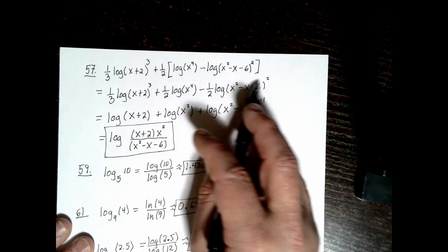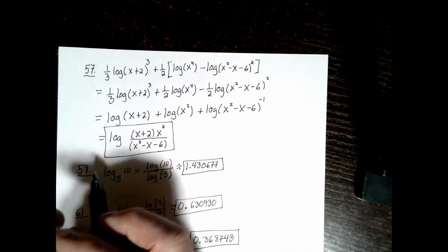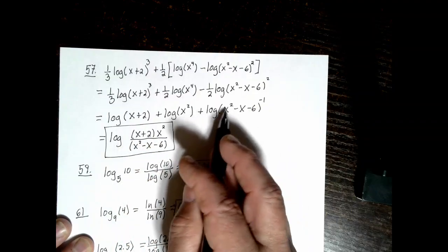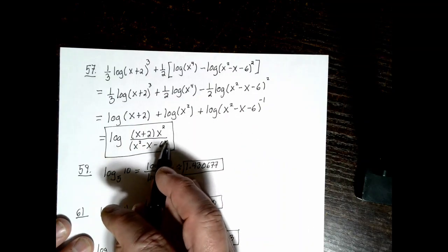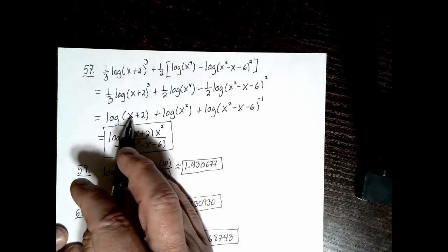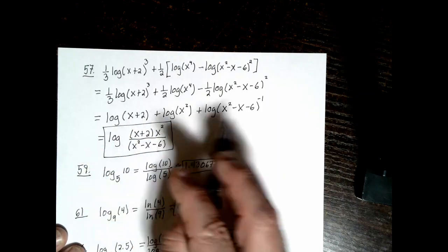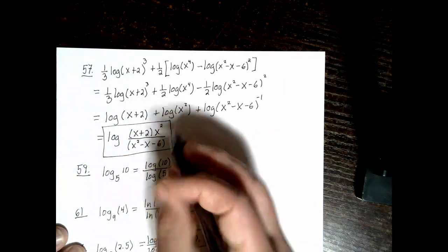And a minus 1/2 times a positive 2 gives you a negative 1. And so now each one of these is going to come together, but eventually you're going to take that one and cross the fraction bar and make it a positive 1. So everything is multiplied. You can write all these things together multiplied, and then you realize that that minus 1 is going to cross the fraction bar, making it a positive 1 exponent.